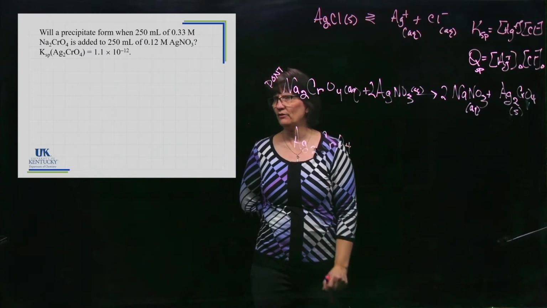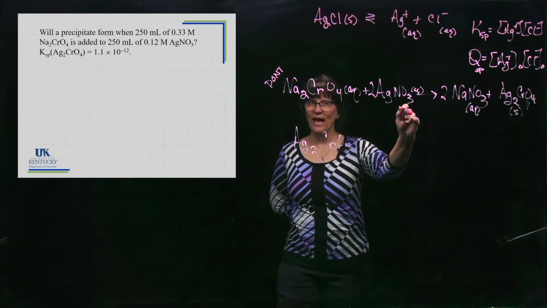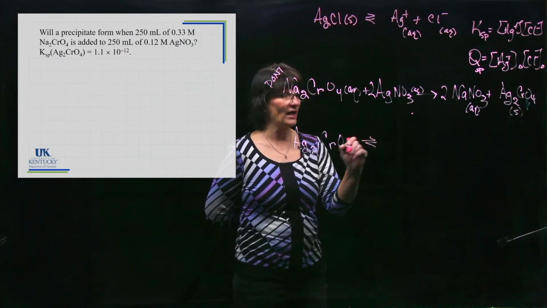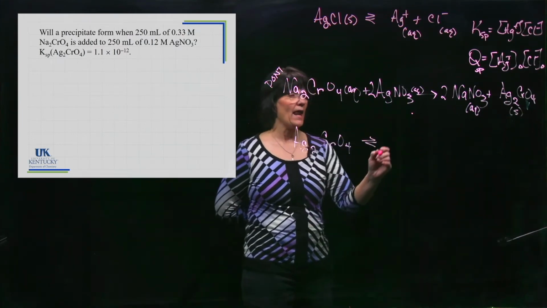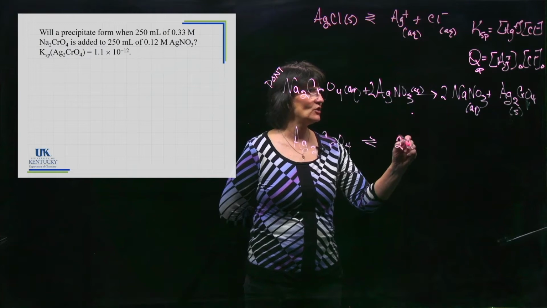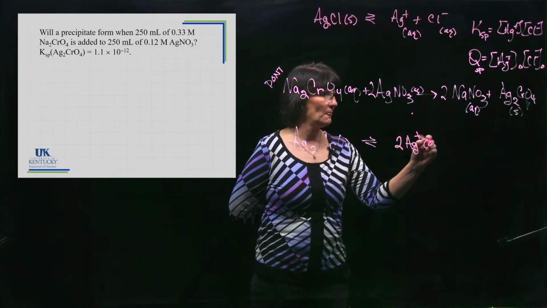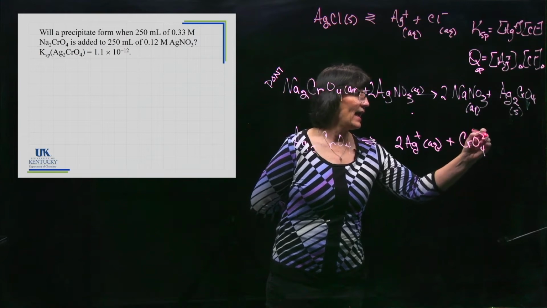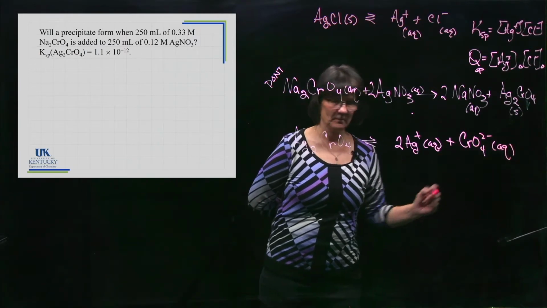Ag2CrO4, there it is. And let's write its reaction that gives me that KSP value. Well, it's an equilibrium, and I'm going to have 2 of the silver ions, aqueous, and 1 of the chromate ion, aqueous. Okay?